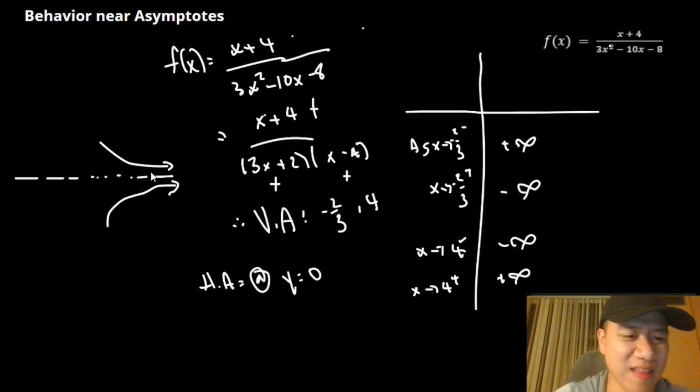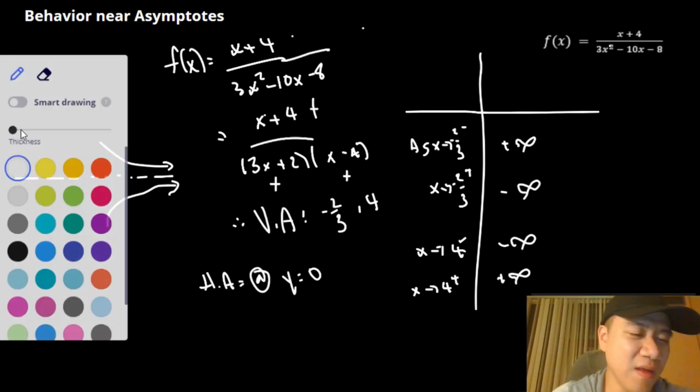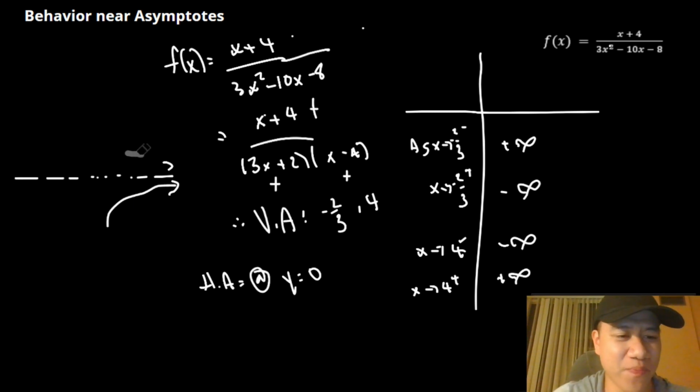And if the number is slightly bigger than our horizontal asymptote, then it's going to be coming from above. And if our result is slightly less than our horizontal asymptote, then we know it's going to come from below. So let's do it for this example.